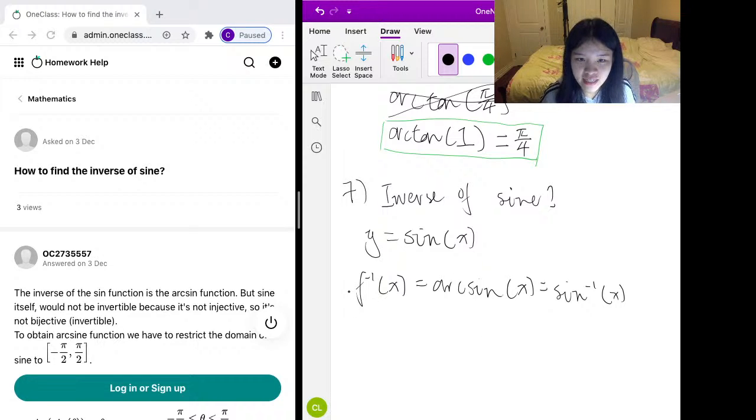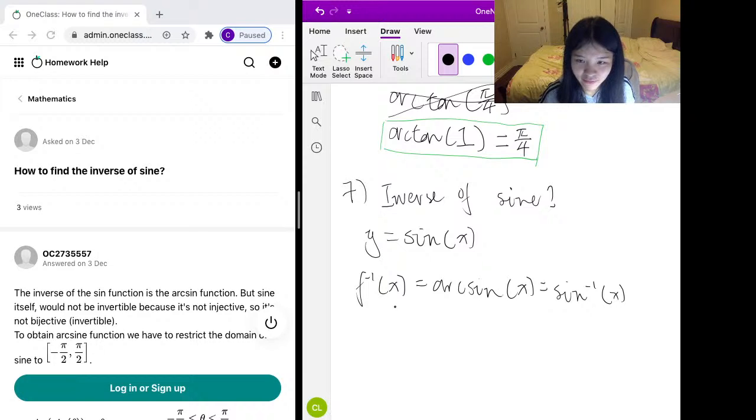And if it's asking us to find the inverse of the sine function directly, instead of using the definition, then we need to restrict the domain of the arcsine function, because the sine function isn't invertible. It's not injective, or it doesn't pass the line test.